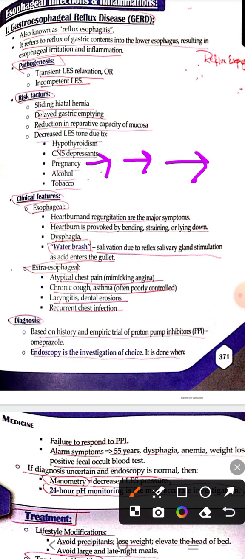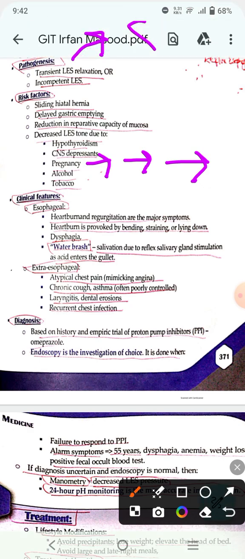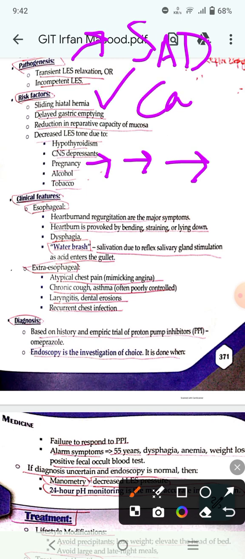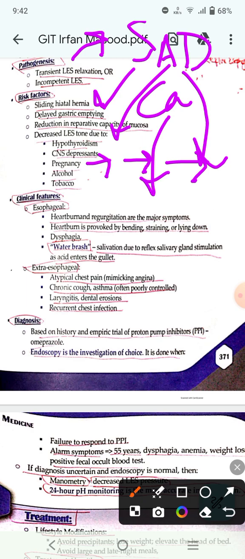And after that comes which things cause lower esophageal sphincter relaxation or reduce its tone. That can be remembered by a mnemonic, though it is very easy. SAD caffeine: S for smoking, A for alcohol, D for drinking, and caffeine for caffeine. SAD caffeine can cause lower esophageal sphincter relaxation.